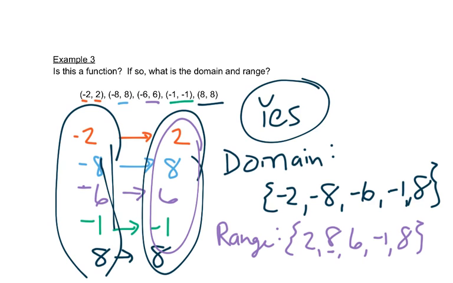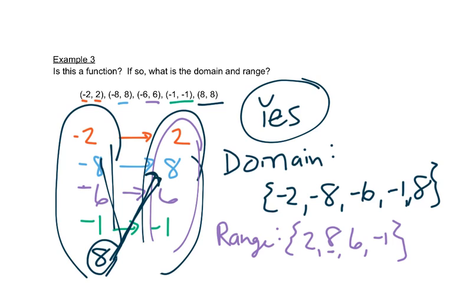Now you see how this 8 is listed here twice. We don't normally write that twice. So I would really just write it like that. And really over here we should not have written this 8 a second time, but just had the arrow going like that. Again, that's okay. It's just everything over here is going to one number on the right.